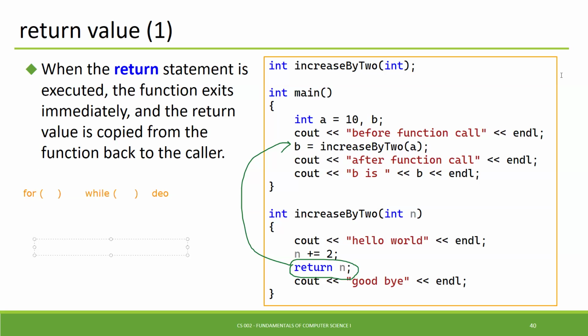Okay, look at this one. This is a for loop, right? This is a while loop, and this is a do while loop.